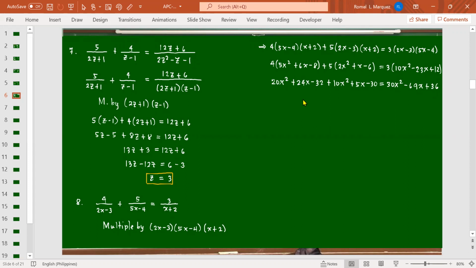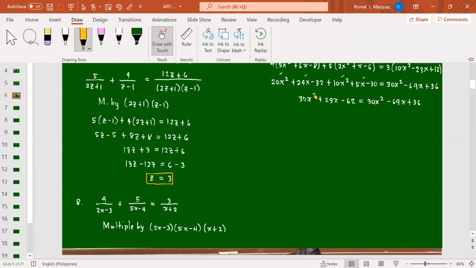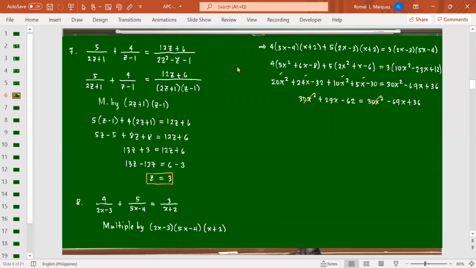Simplifying the left side, we have 30x squared. And then for the linear terms, so we're done with this. For the linear terms, 29x, constant terms, negative 62. The right side, we have 30x squared minus 69x plus 36. 30x squared is eliminated. They are terms that are the same on both sides of the equation.